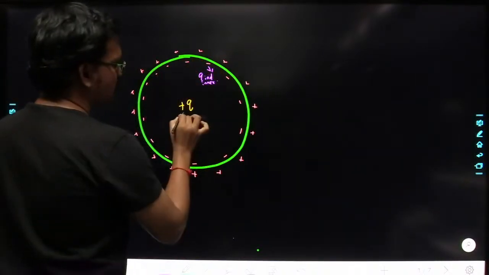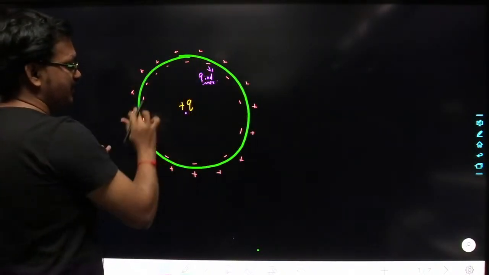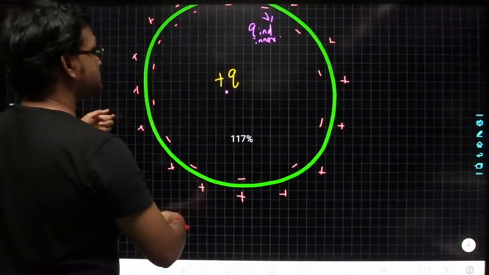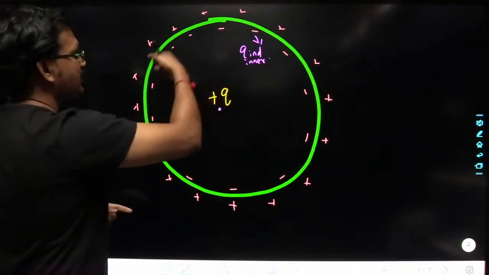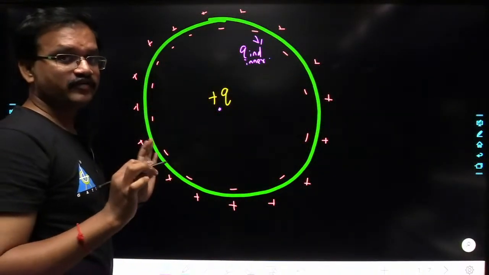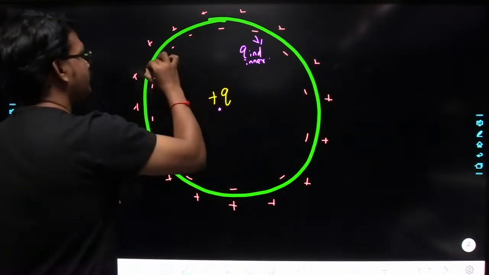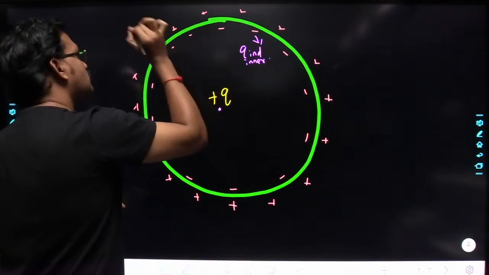So now we know that inside the conducting material here, so I'll draw somewhat bigger like this, right? So inside the conducting material, we know that the net electric field must always be equal to 0.